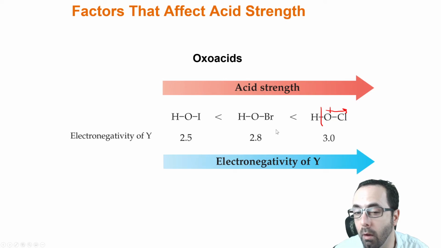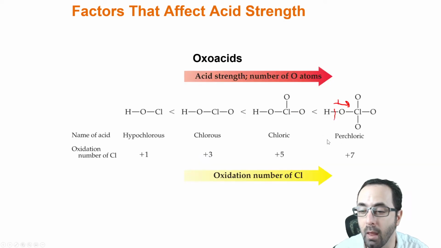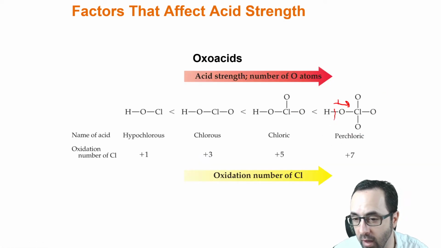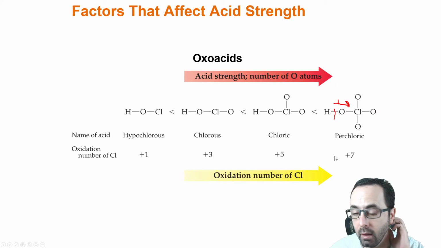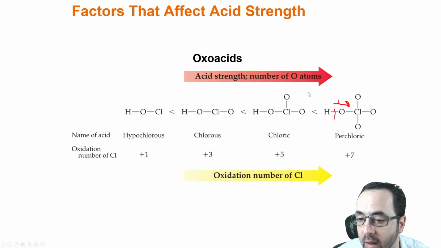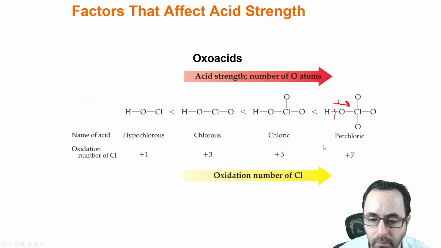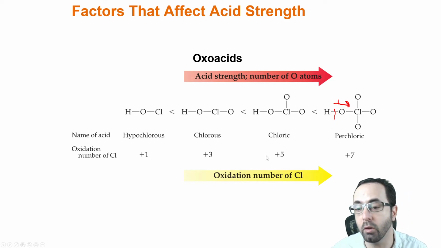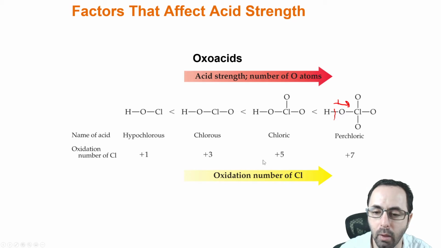So these oxoacids will be stronger when the non-oxygen atom is more electronegative and when there are more oxygen atoms, because both of those increase the inductive effect, which weakens the bond here and results in easier H+ removal, and thus a stronger acid. So that's how you determine, based on the formula, the relative strength of acids.